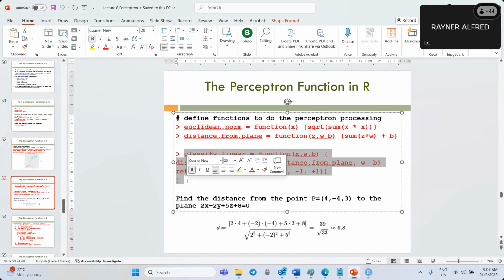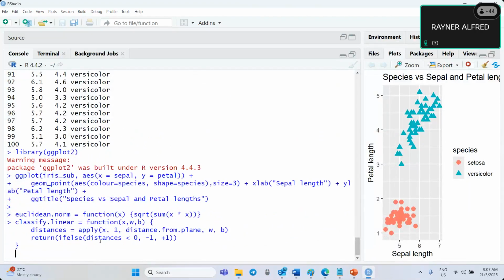And then this is the classifier. So what happens here is, if the distance is below 0, we classify it as negative, otherwise positive. This is based on the formula that we have, and this is the distance from the plane.